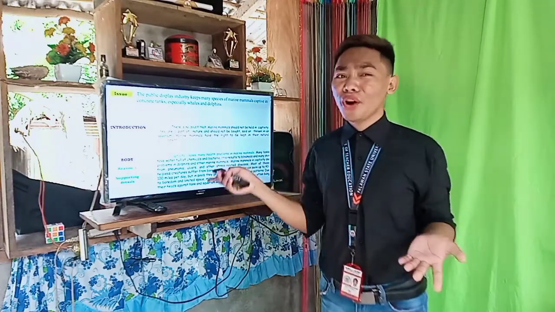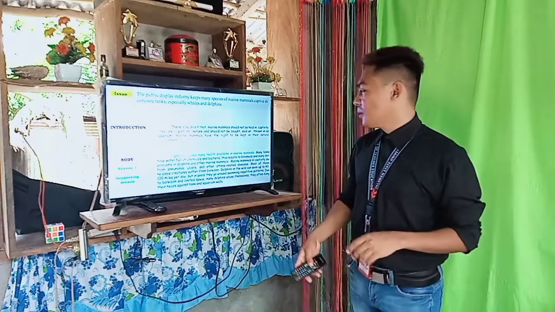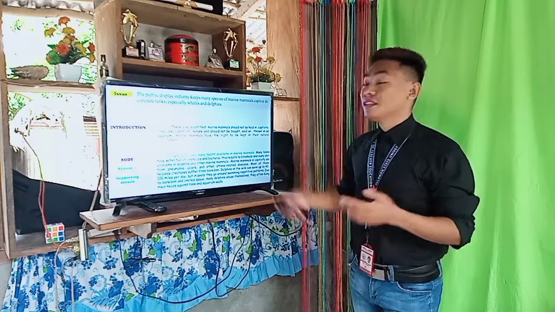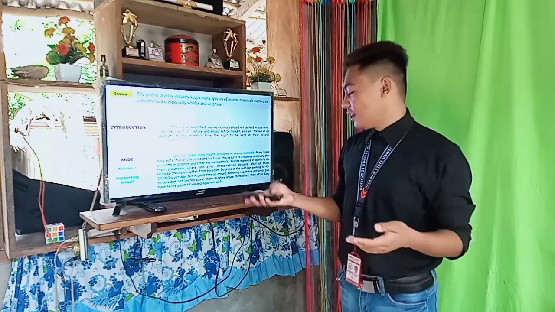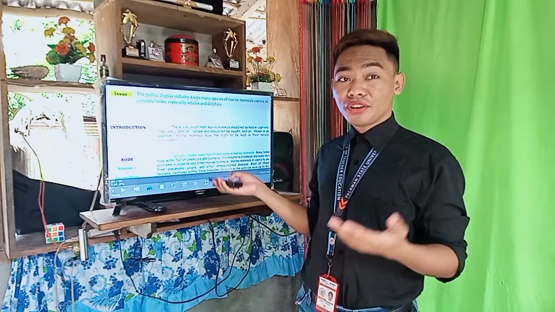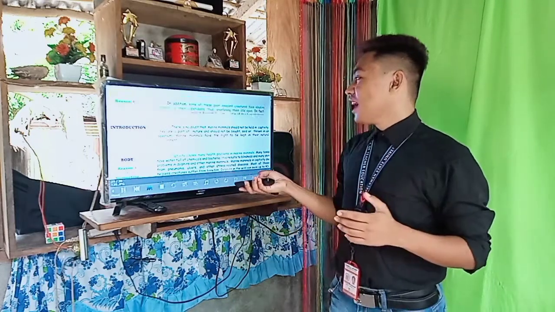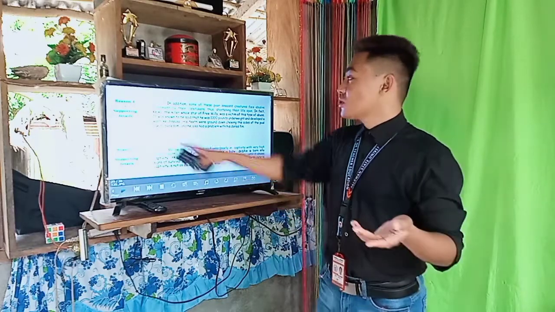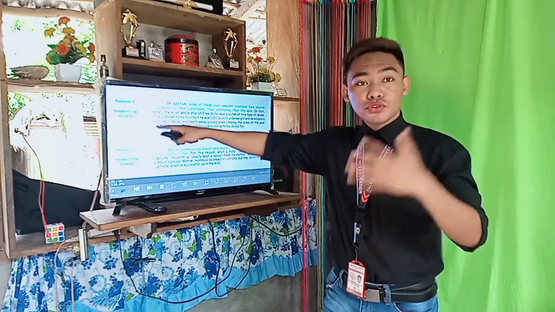Of course, there's a body, so the reason: captivity causes many health problems in marine mammals. That can be found in the body, where he is discussing the writer's evidences. And the next one, of course, you have to cite many evidences. So here, reason 2, then you have to support your ideas.